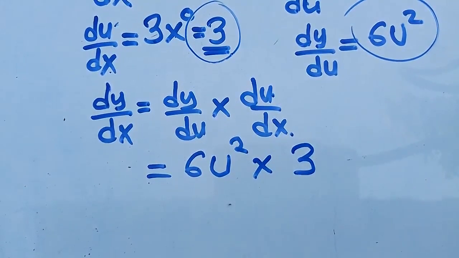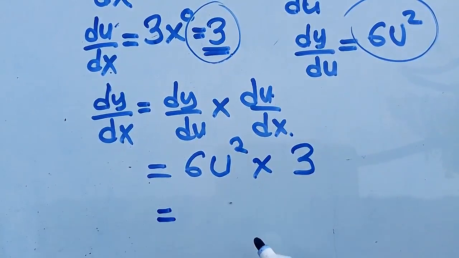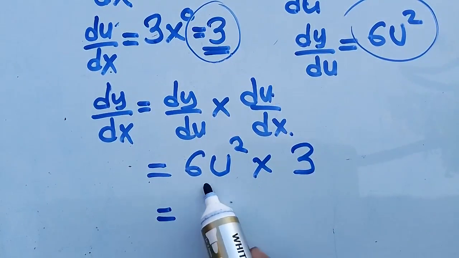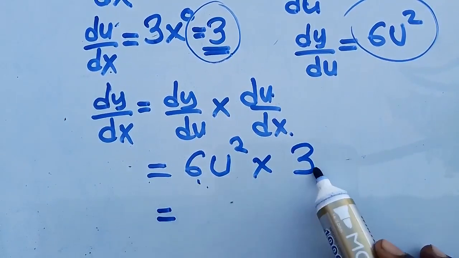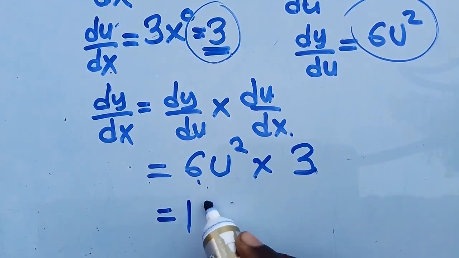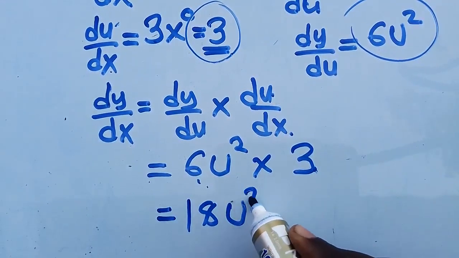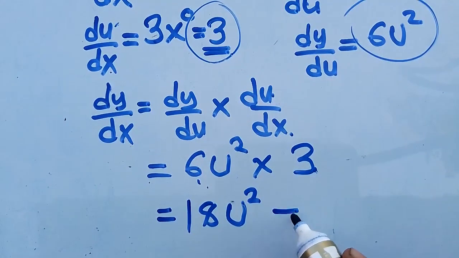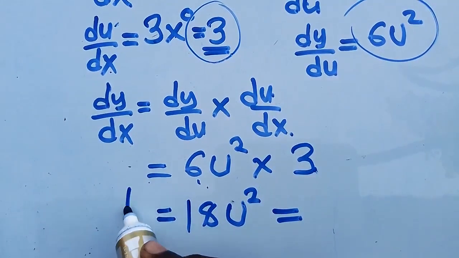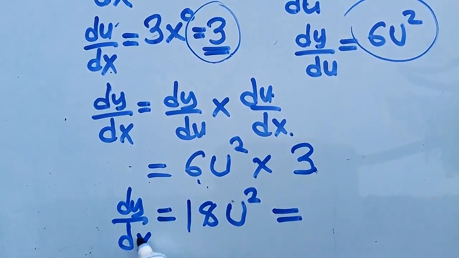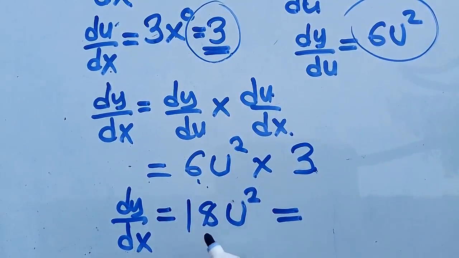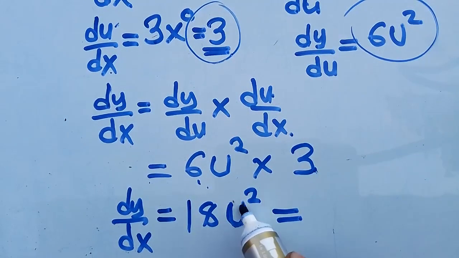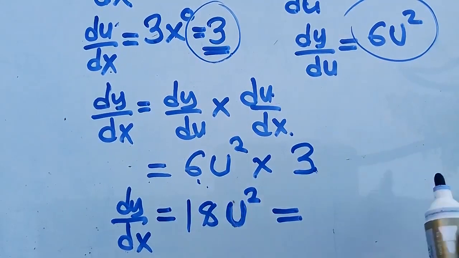So you multiply these two, 6 times 3, this is 18. So it is 18u to the power 2. This is now equal to, finally, here you don't forget dy dx. Finally, your answer will be what? Here where there is u, remember what we said. What did we say? u was equal to what?